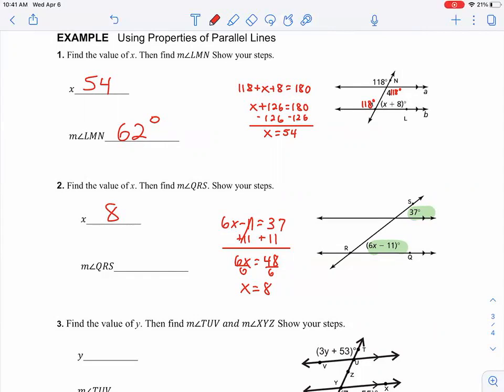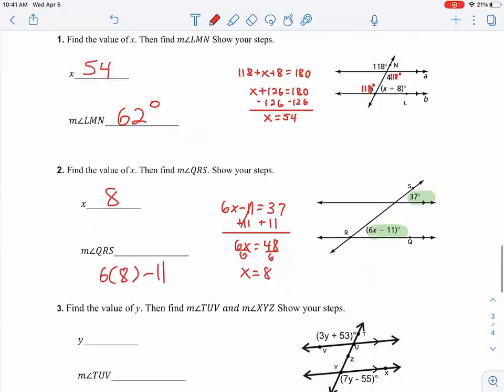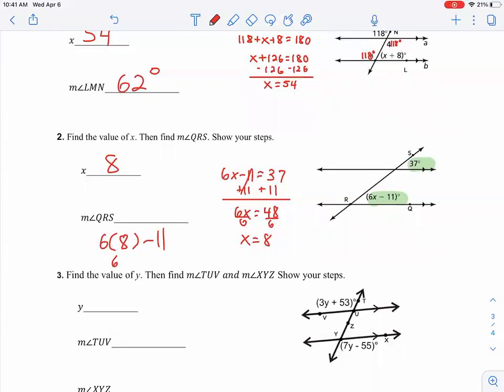So I'm going to plug an 8 into here and do 6 times 8 minus 11. Okay, I'm plugging that 8 in for x right there. So then that's going to be 8 times 6 is 48 minus 11. So the angle is 37 degrees.